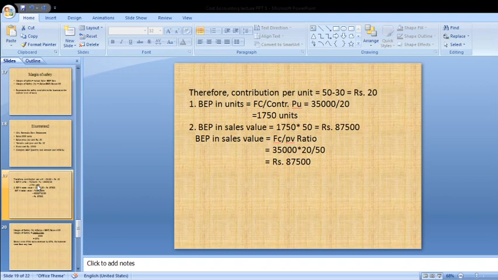Now, in terms of sales value, first calculate PV ratio, 20 by 50, that means 40%. 35,000 by 40% gives you 87,500 rupees. That is break-even point in terms of rupees. So, first two calculations we have done. Now, next is margin of safety.